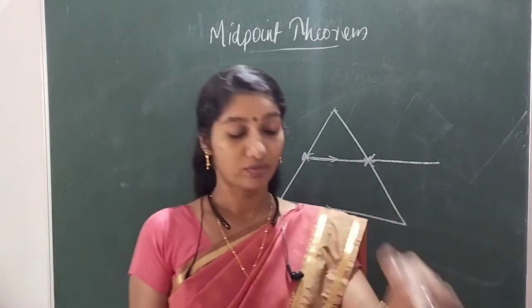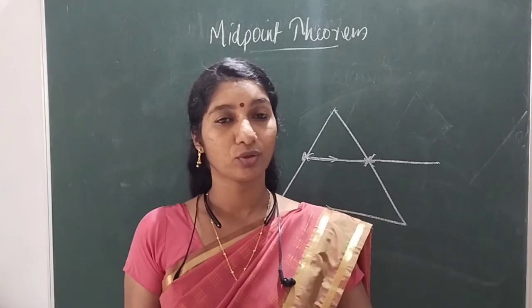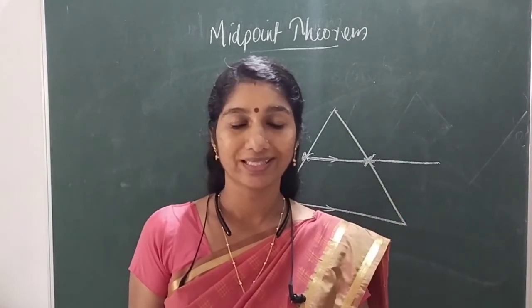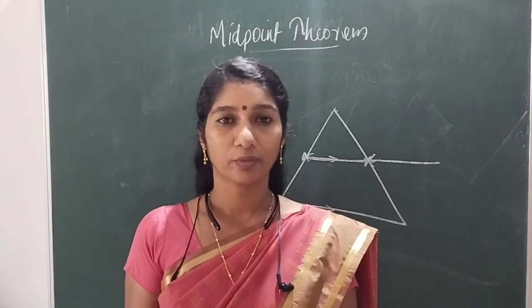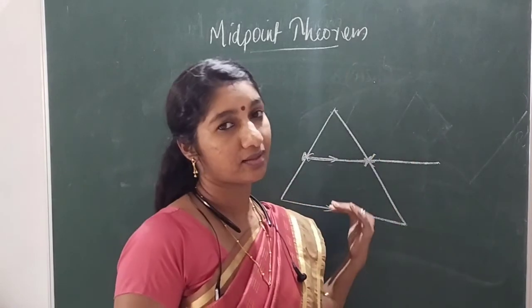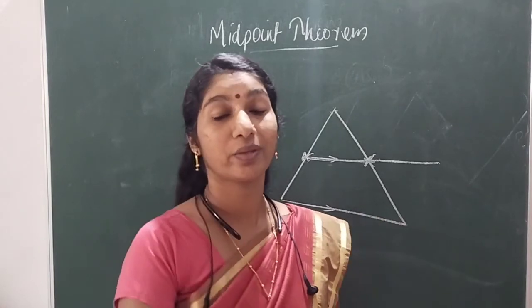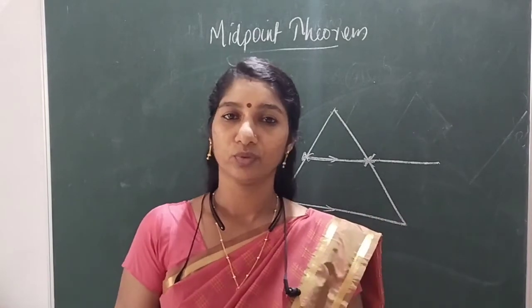That is the converse. So the converse theorem, and the theorem, you need to copy correctly. First, copy the midpoint theorem statement from the textbook, and copy this converse statement also. The proof, how we did it now, you need to write in the notebook according to that. That is not explained in our textbook, but you need to write the proof.